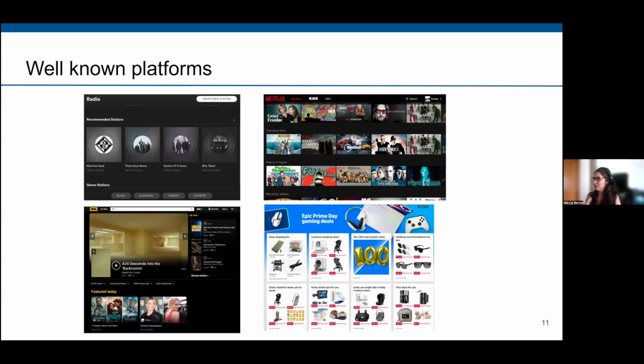So if you go to Amazon, you will see something like deals picked for you, or if you go to Netflix, you will see a recommendation because another user very similar to you also likes this show. Probably you also like it, and the platform will recommend this to you.